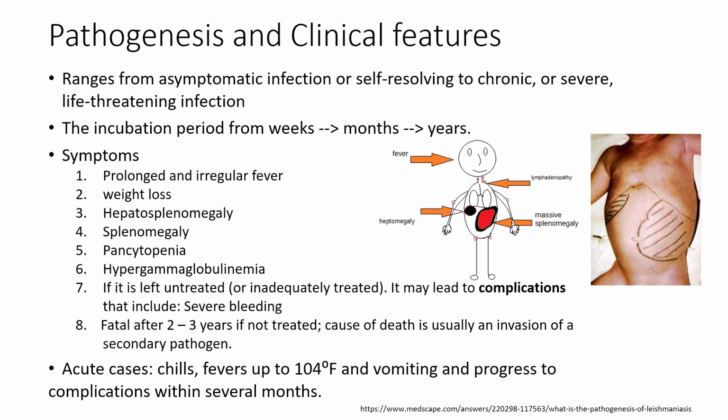It is fatal after 2 to 3 years if not treated. Cause of death is usually an invasion of a secondary pathogen. In acute cases, patients will also present with chills, fever up to 104 Fahrenheit, and vomiting. It will then progress to complications within several months.